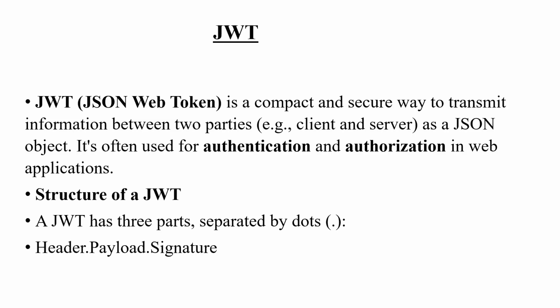So imagine you are entering a high security building. At the entrance, a security guard checks your ID, verifies who you are, and gives you a special entry badge. This badge allows you to access certain areas of the building without needing to show your ID again.